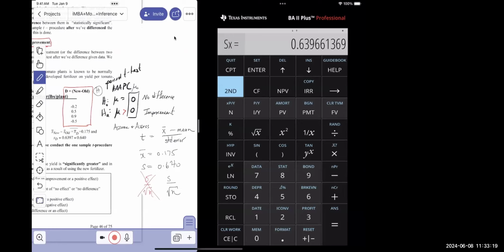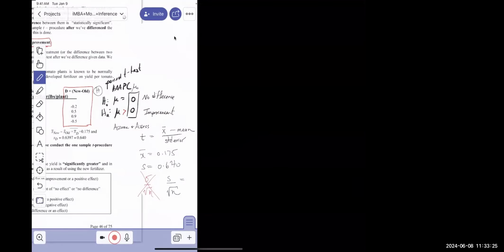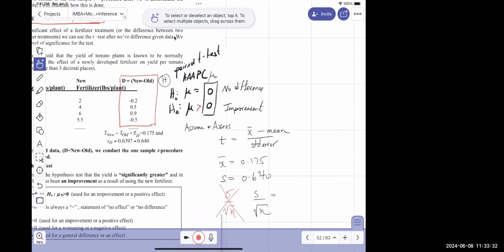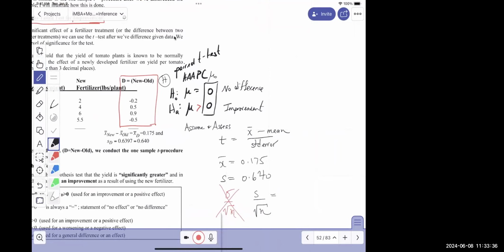So we need to calculate this as a standard error. So that is going to be 0.64 divided by square root of, wow, just 4 observations.